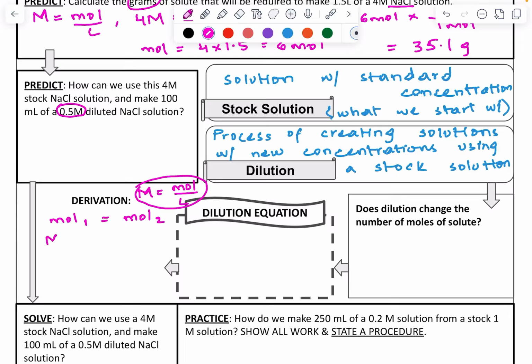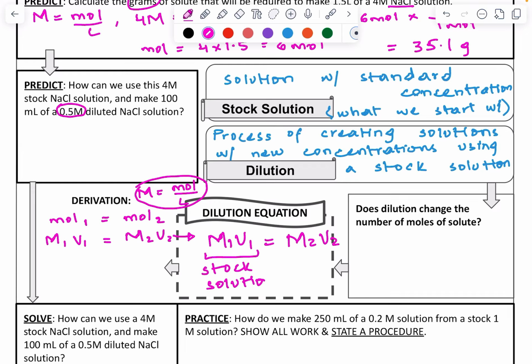That means the molarity of the first one times the volume of the first solution is equal to the molarity times the volume of the second solution. So this is the equation for dilution, where M1V1 is equal to M2V2. M1 and V1 are for the stock solution, and M2V2 represents the molarity and volume of the diluted solution.